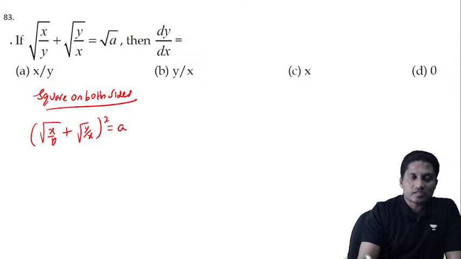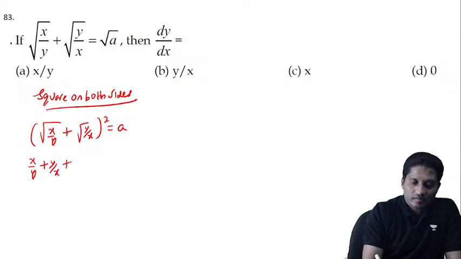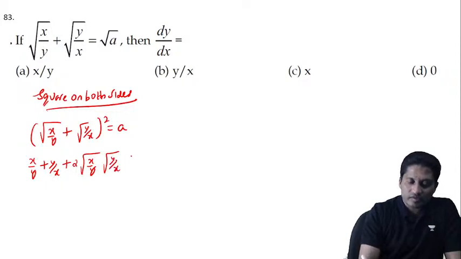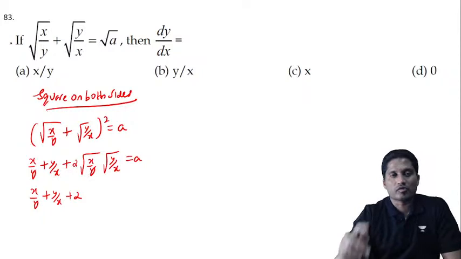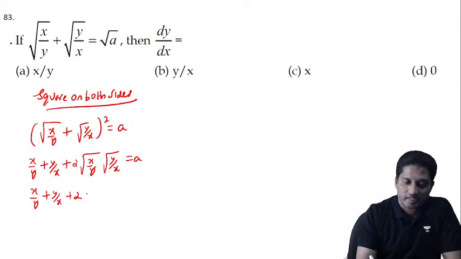Root and square cancels, you get a. So this is a square plus b square plus 2ab, 2 into root of x by y, root of y by x is equal to a. This is x by y plus y by x plus 2. Root x by y into y by x will cancel. You will get a.